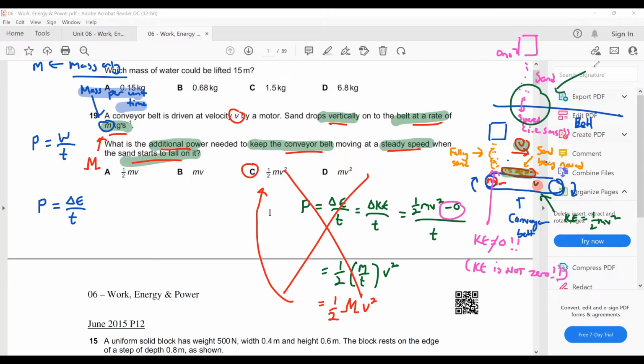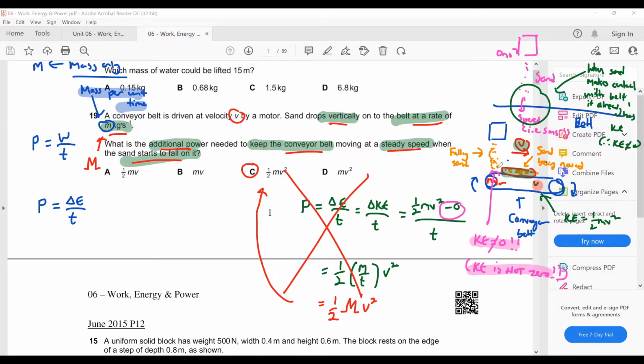I would say that this point here, when sand makes contact with the belt, it already has KE. Therefore, KE is not 0, which is the point that I'm trying to emphasize here.